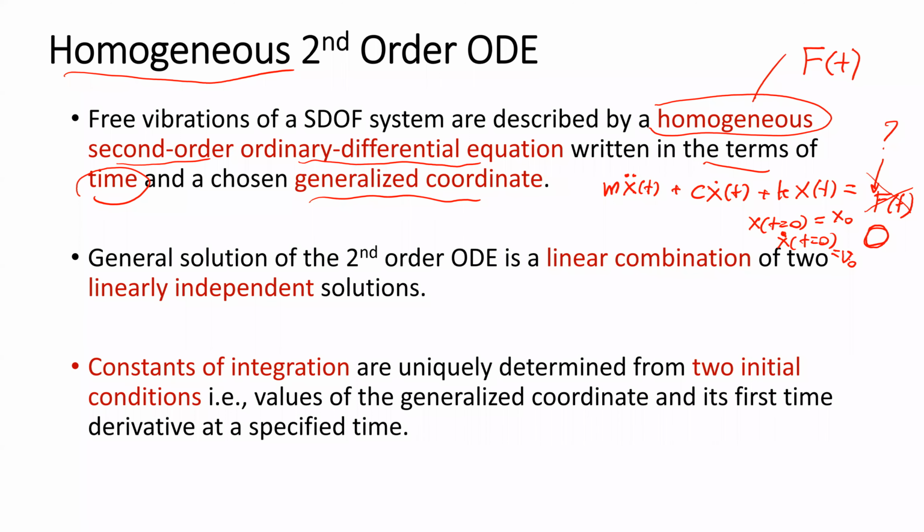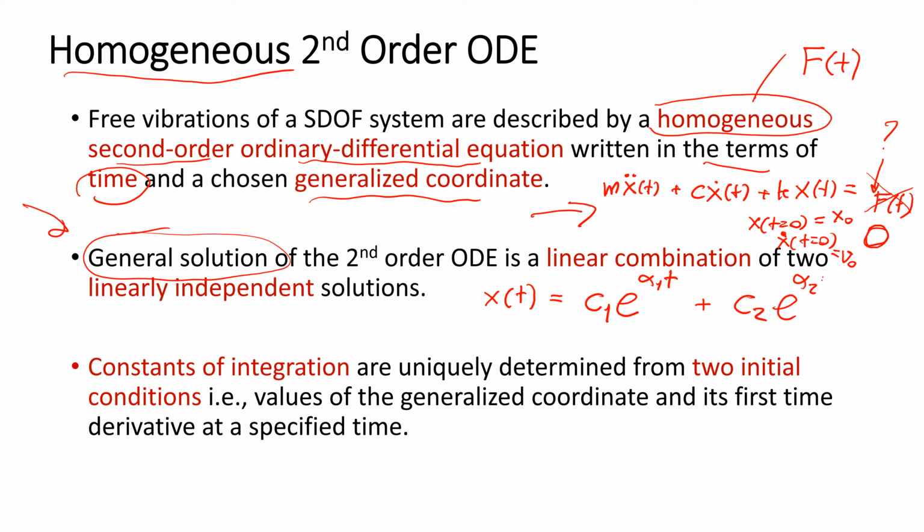But in the second bullet, the general form of the solution of this type of equation, homogeneous second order, is going to be one constant multiplied by the exponential, and the second constant multiplied by the second root exponential function.